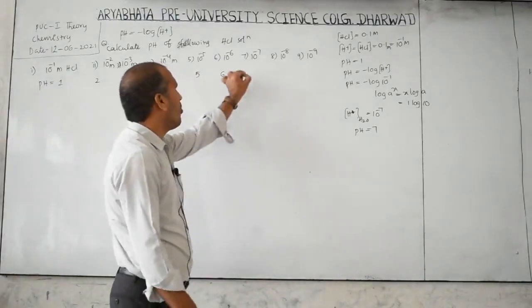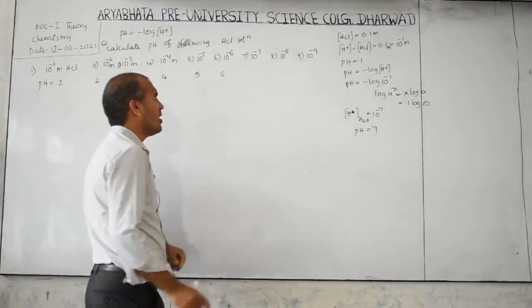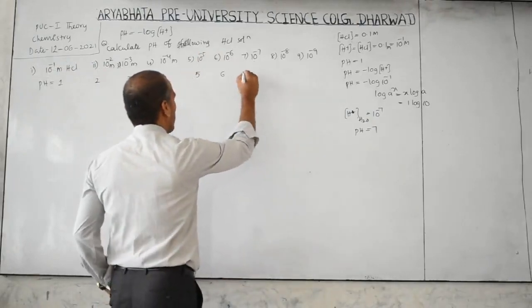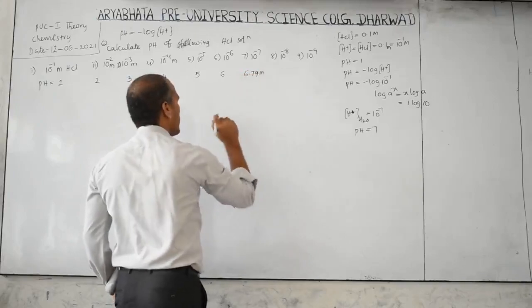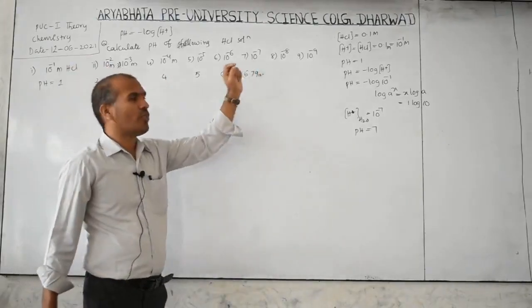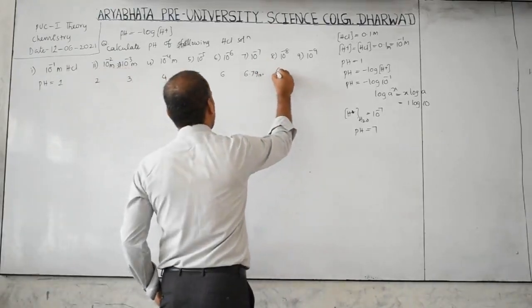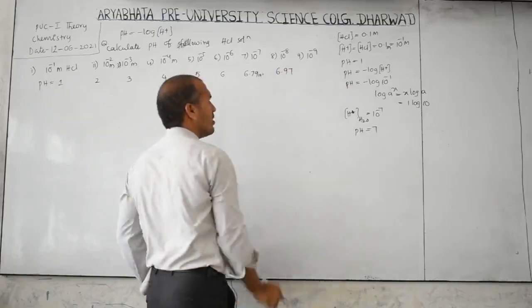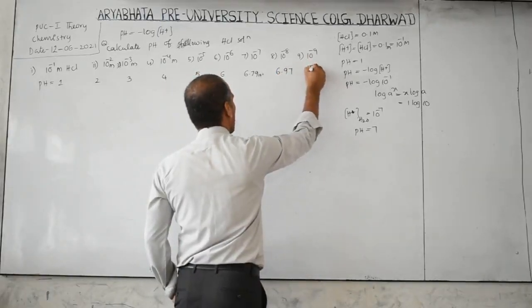But when 10 power minus 7 M HCl solution is there, that time this is not 7. Here pH is equal to 6.79. Sorry, there is no unit. This is when 10 power minus 7. When this is given, then here 6.97. When this is given, this is 7.